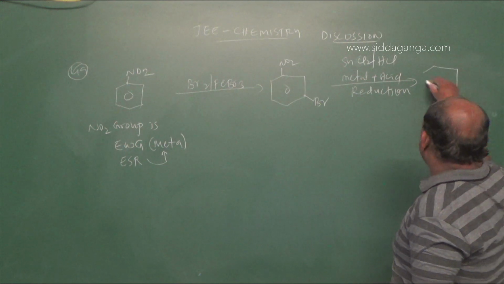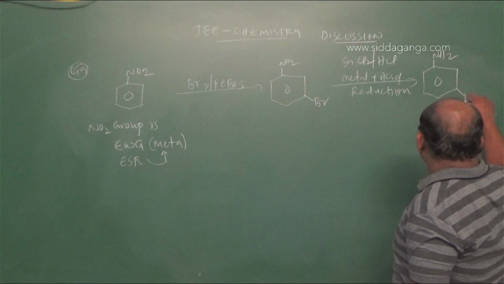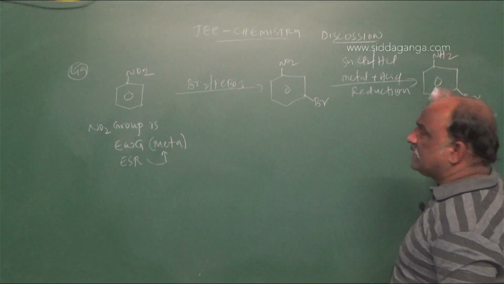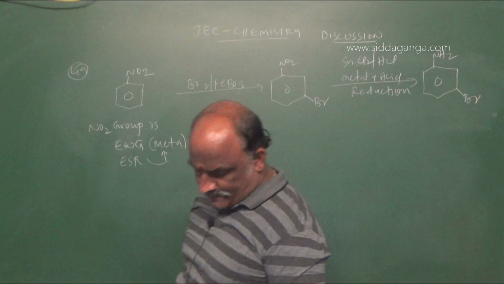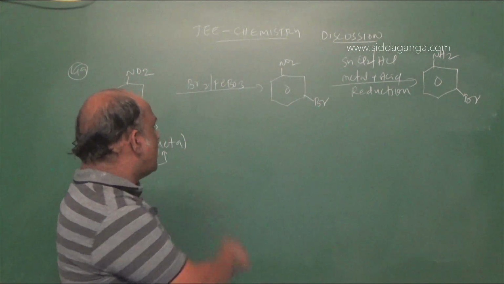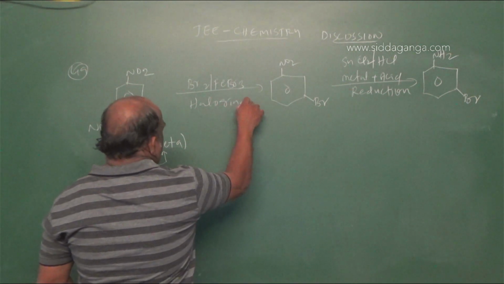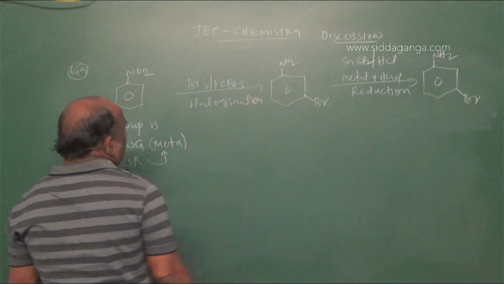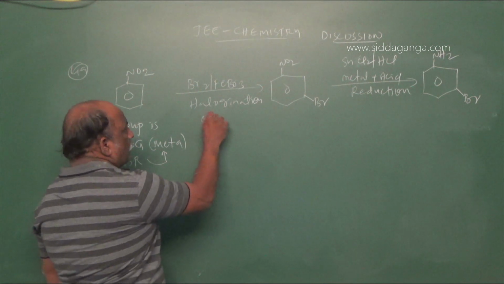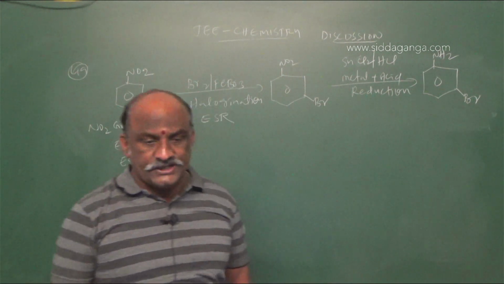So you get NH2 and bromine on the ring, which is metabromoaniline. So the first reagent is halogenation, an electrophilic substitution reaction, and the second conversion is reduction.